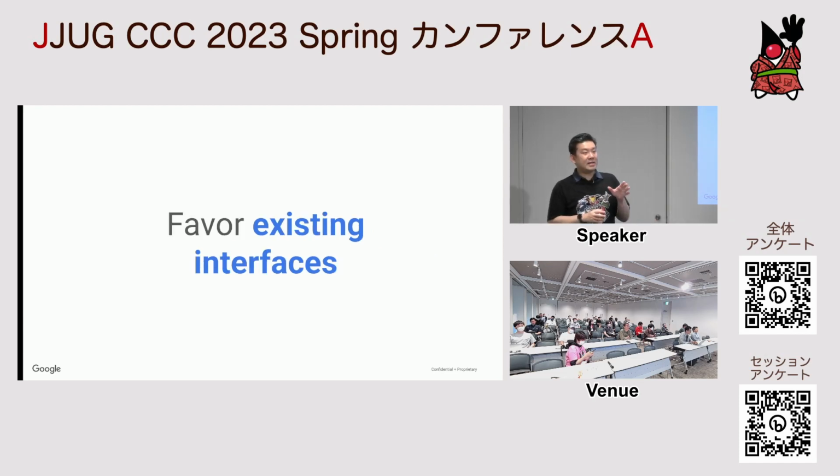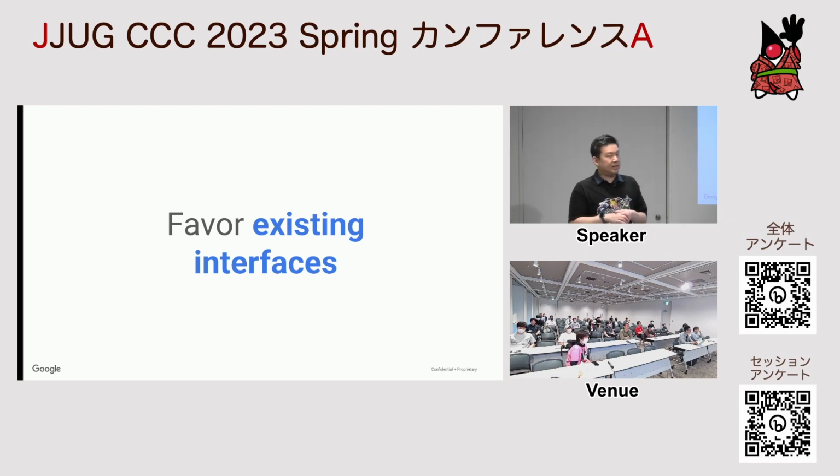And favor existing interfaces. This one is from Effective Java. So instead of creating new interfaces in your code, because every time you create a new interface, a developer needs to look at the interface and try to understand what it does. But since Java 8, we have almost 40 functional interfaces that we can use from the JDK.